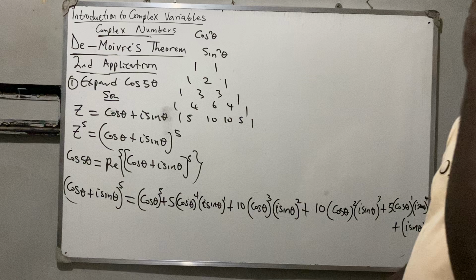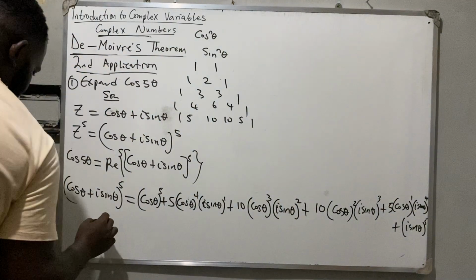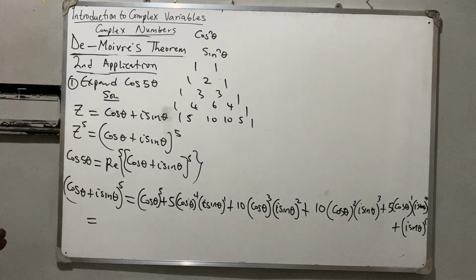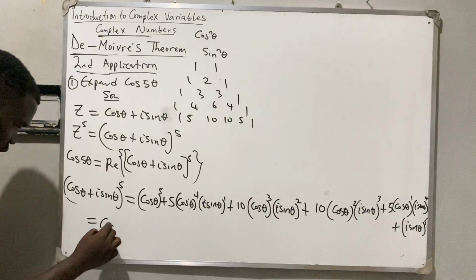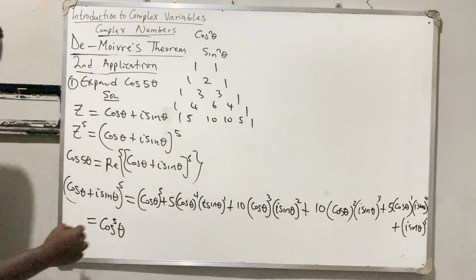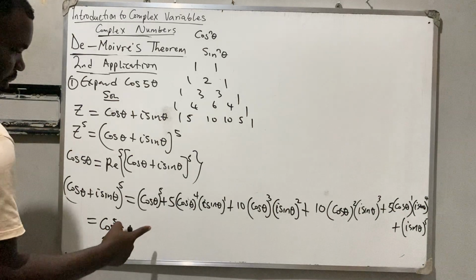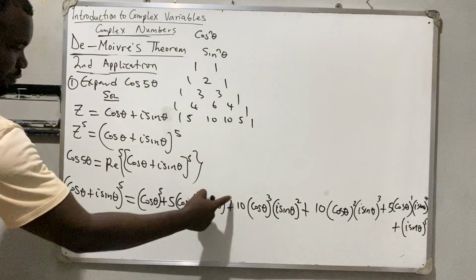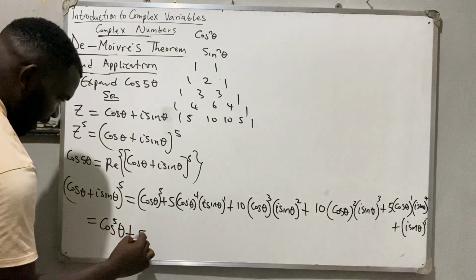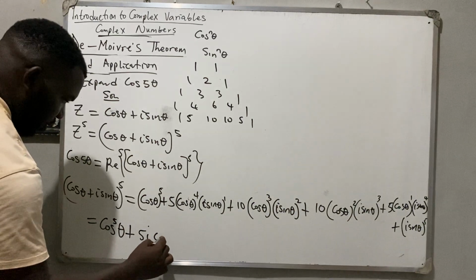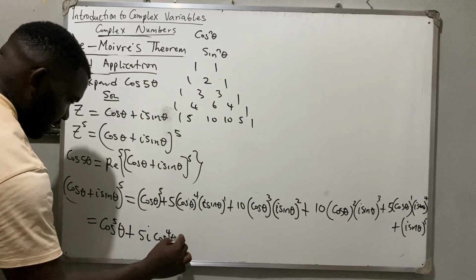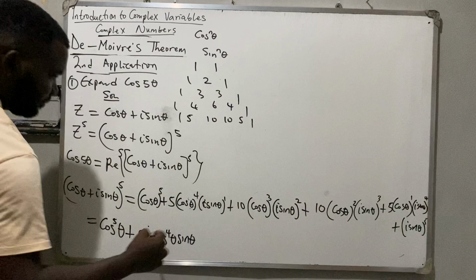So now the answer becomes, let me start from here. This is cos 5 theta, plus here i will come outside because i raised to power 1 is i, so I have 5i cos 4 theta sine theta.